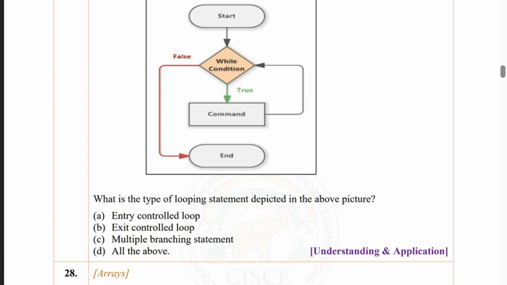Entry control, exit control, multiple branching, all the above. While loop is entry control. Do while is exit control. Switch statement is multiple branching. Here a while condition is given, so entry control is the correct answer.